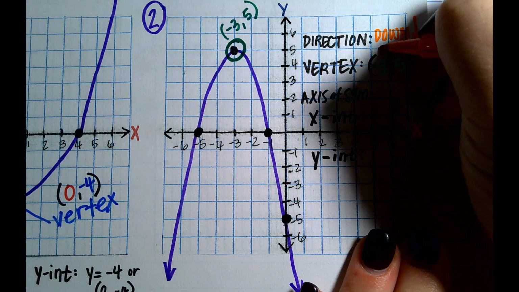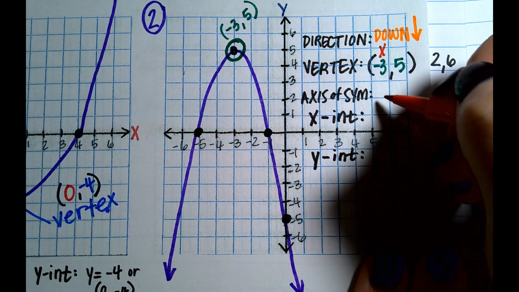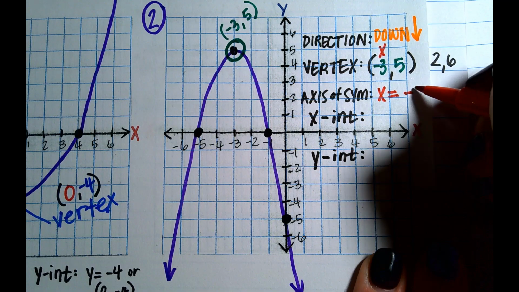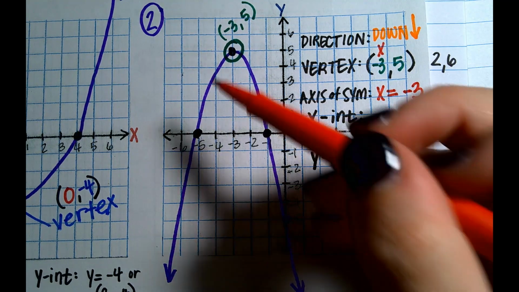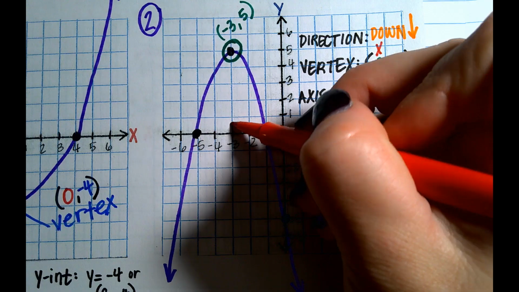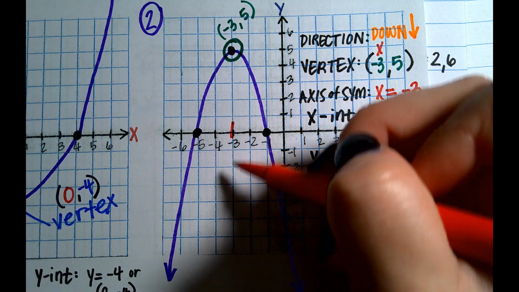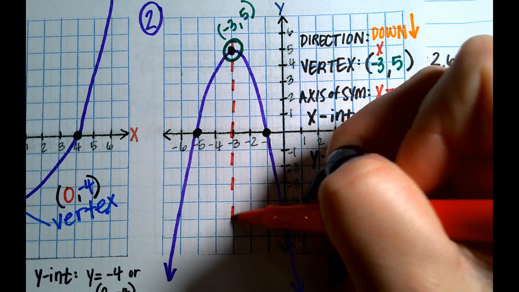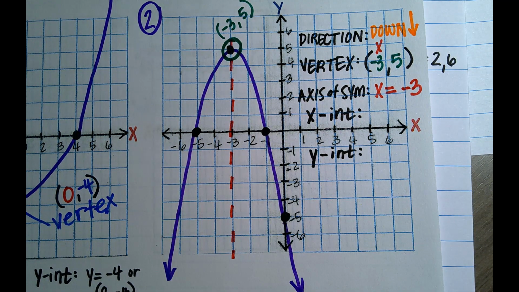So, our axis of symmetry should be what? -3. Yes, x equals -3. And we want to draw that as well. Here's -3 on the x-axis. And sure enough, it goes right through the middle. Just like that.